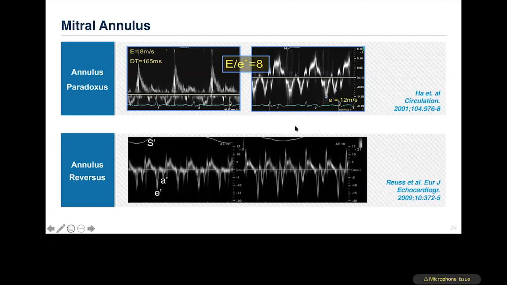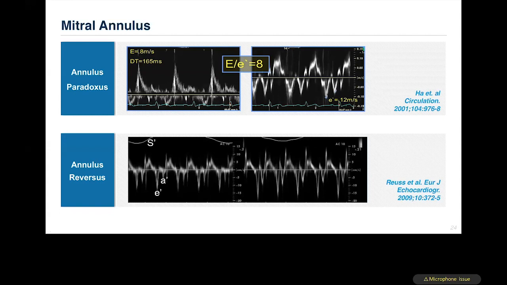And another feature that can be seen in patients with constrictive pericarditis is called annulus reversus. Usually the lateral wall velocities are higher than the septal wall velocities, but in constriction, because the free wall gets adhered to the pericardium, it moves less. So the lateral velocities go down versus the septal velocities, they go up.